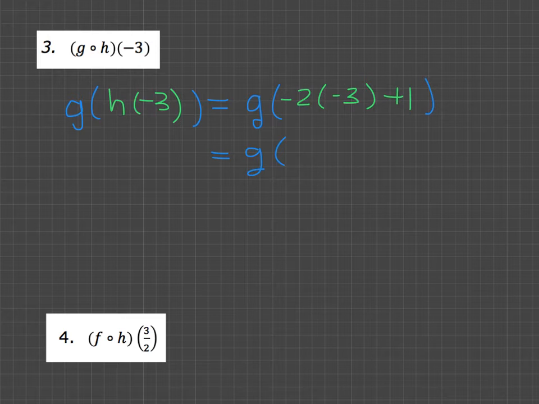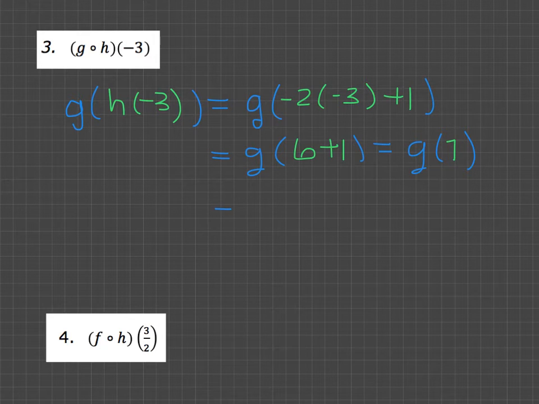Negative 2 times negative 3, that's a 6, and then 6 plus 1. So we end up with g of 7. All right, so we evaluated h of negative 3, and we got 7 as the result.